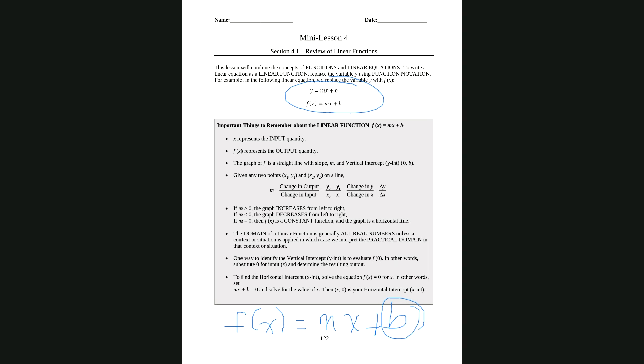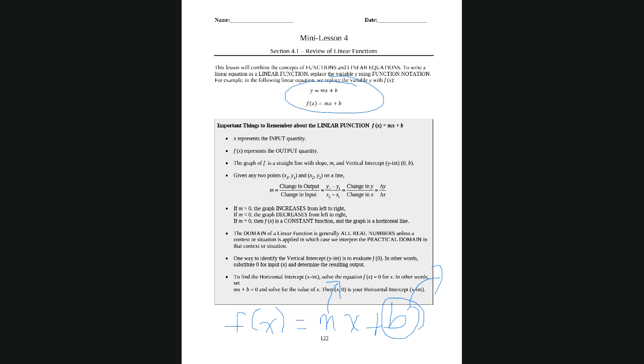There is one thing I have to talk about with the y-intercept, but as we go on, I'm going to talk about that. So if f of x equals mx plus b, the m is a slope, that is a number. The b is also a number.